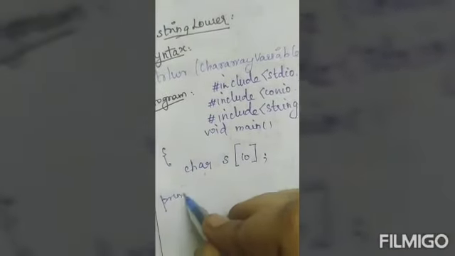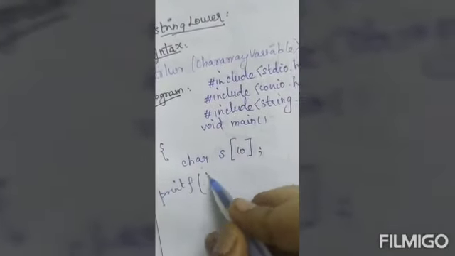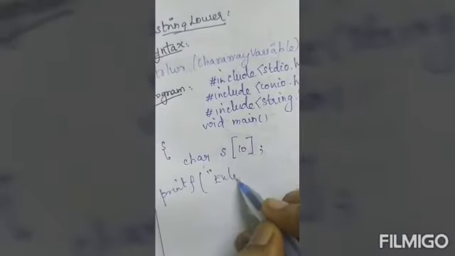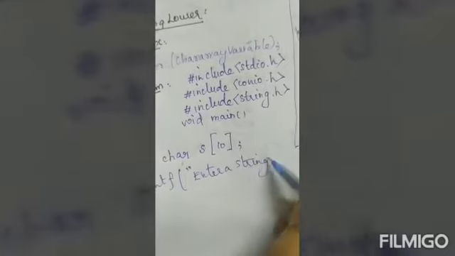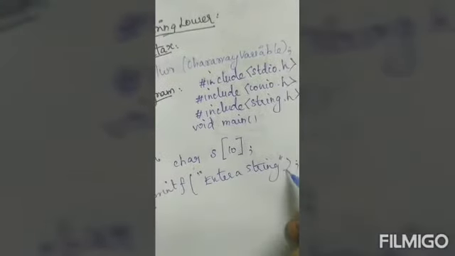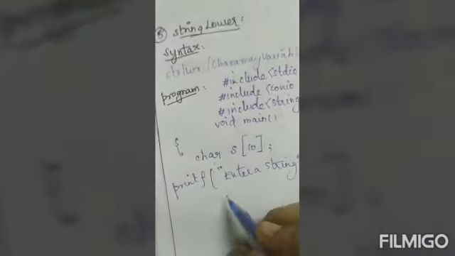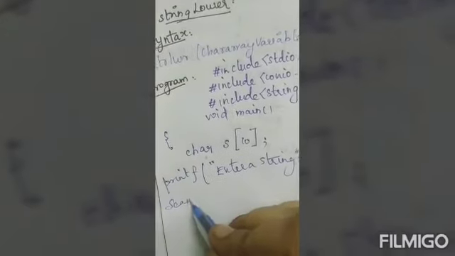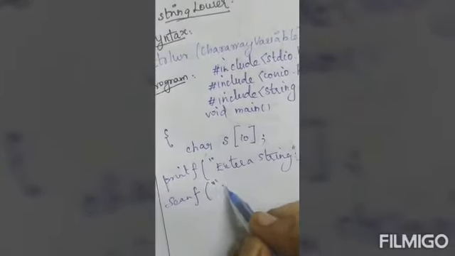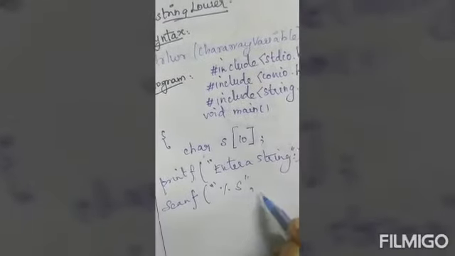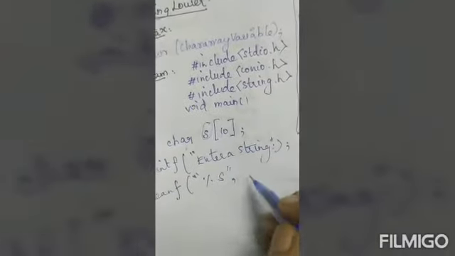Now I am going to use the printf statement. In that I am going to enter a string, semicolon. This colon also should be amplified. After the printf statement, the scanf statement appears. As it is a character variable, %s, comma, the variable name also, semicolon.